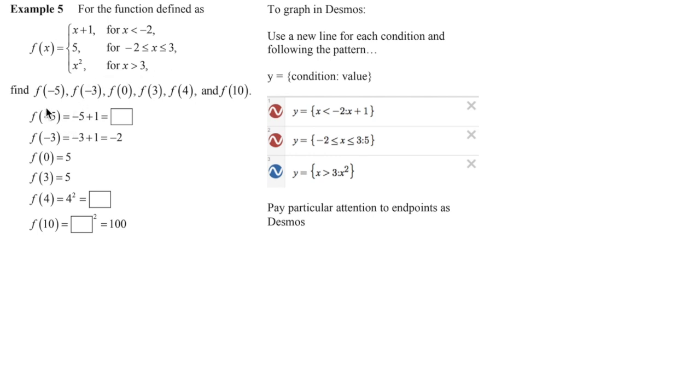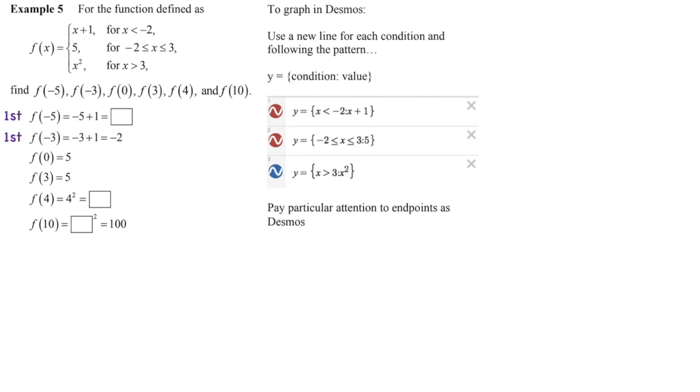When I have a function value such as f of -5, -3, 0, 3, 4, and 10, I need to know where that x value falls within our set of functions to determine which one I need to use to evaluate. So when I look at f of -5 and -3, I see that they are both less than -2, so I'm going to use the first function for both of them.